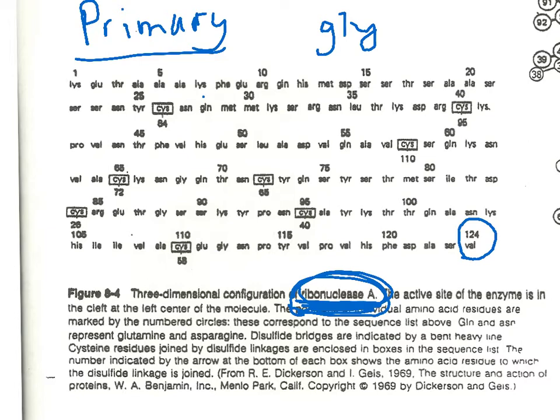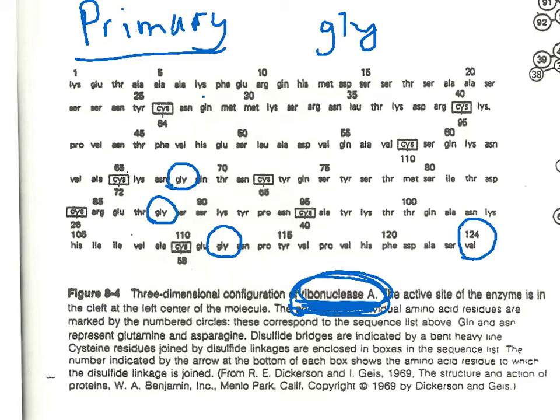All right, did you pause it? Did you find some glys? I think so. Where's the first glycine? I think it's right here. Hopefully you found it right here with number 68. Where's the second one? I hope you found it right here with number 88. And then where's the next one? Well, I hope you found it right here at number 112.